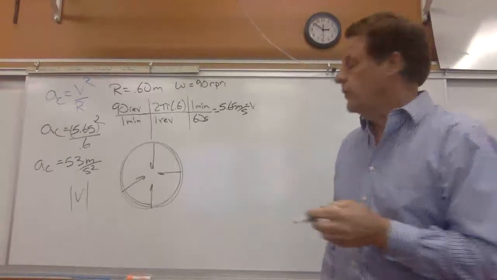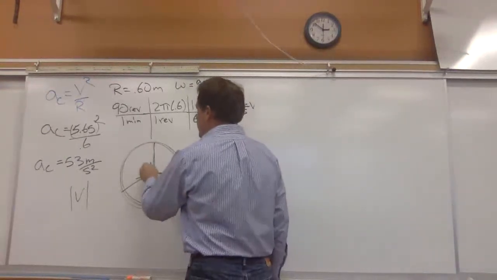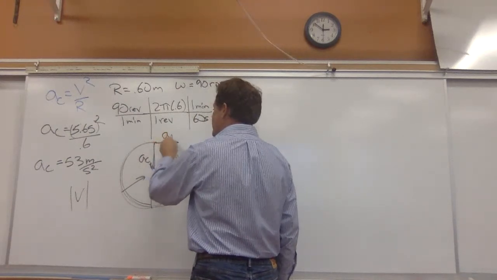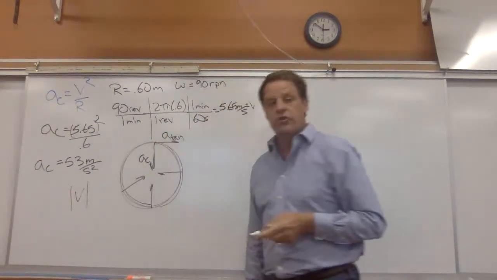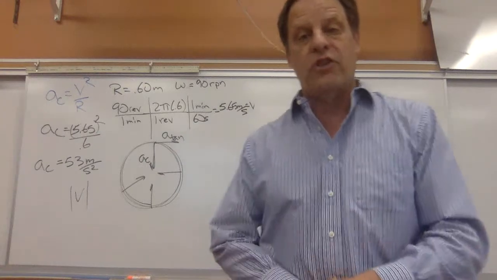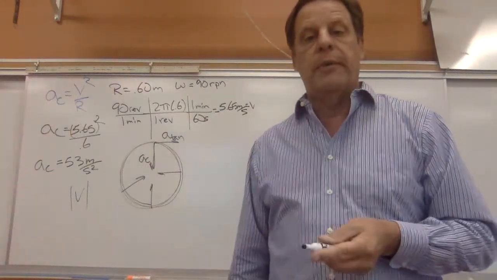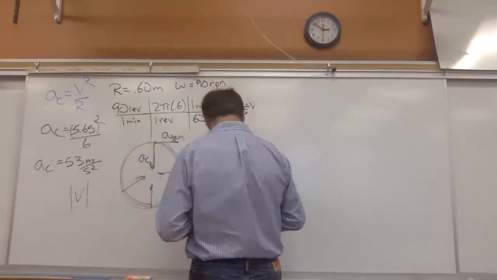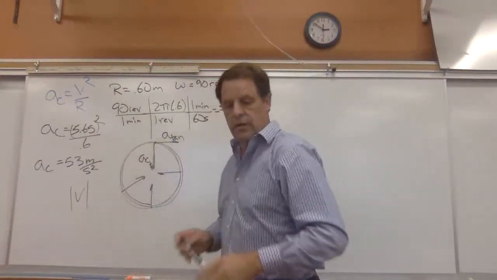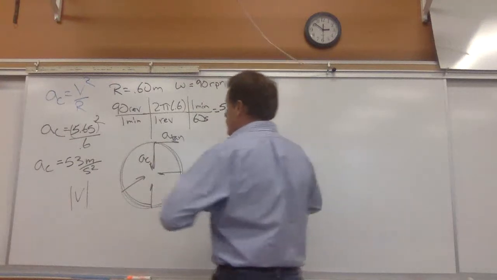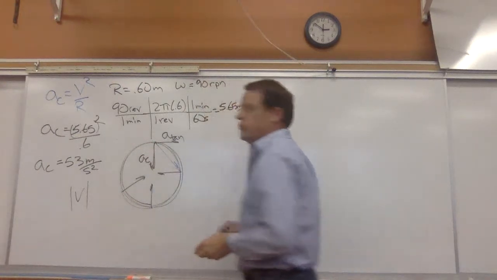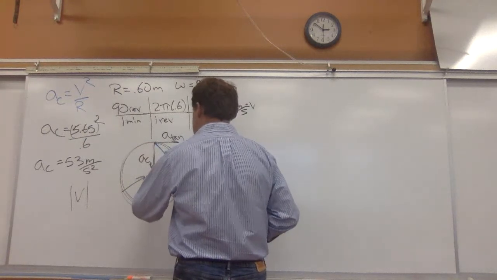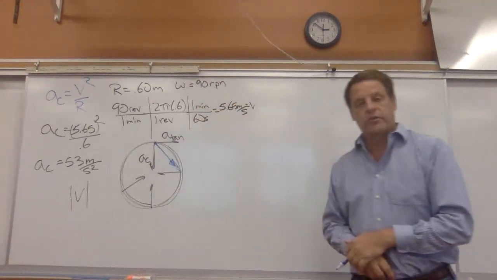Well, what if we also had a tangential acceleration? If we had a tangential acceleration, then it would be moving in essentially 2 directions at once. It would be accelerating in that direction.